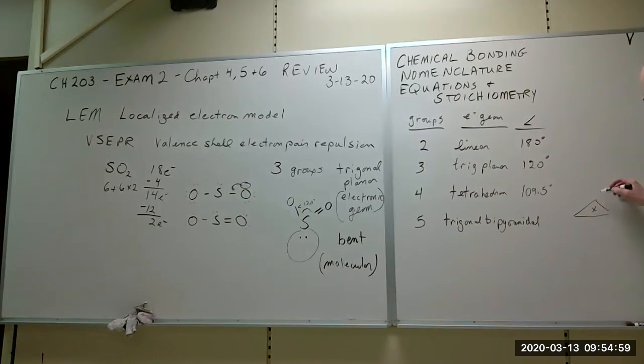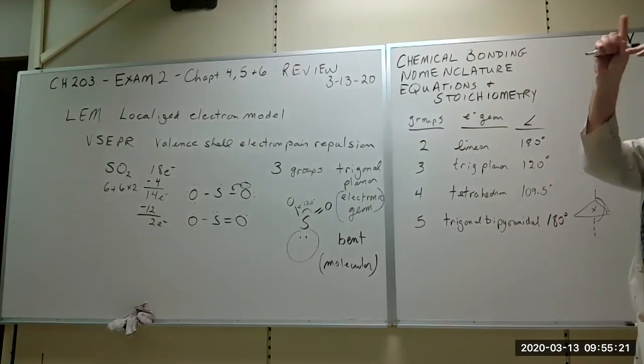Got something in the middle, and we got one up here, one down here. So what are the bond angles? Well, if you take this bond angle, that's 180 degrees, right? What if you take this one to one of these? That bond's right there to one of these is 90 degrees. Right?